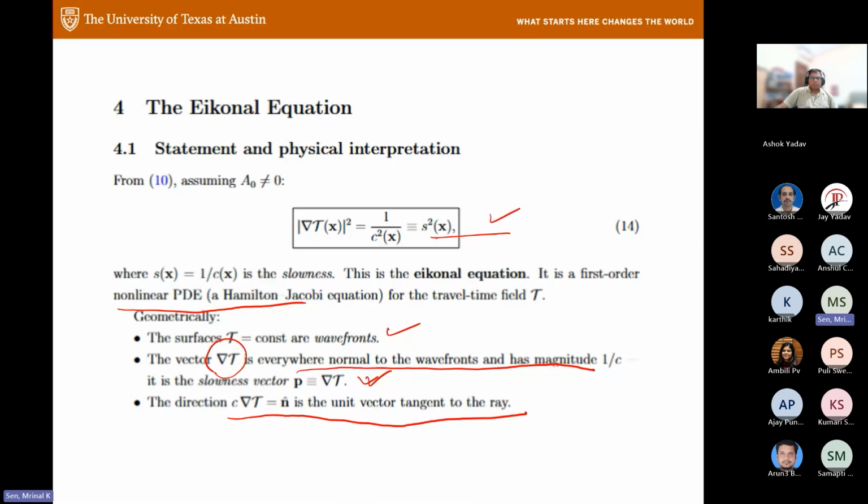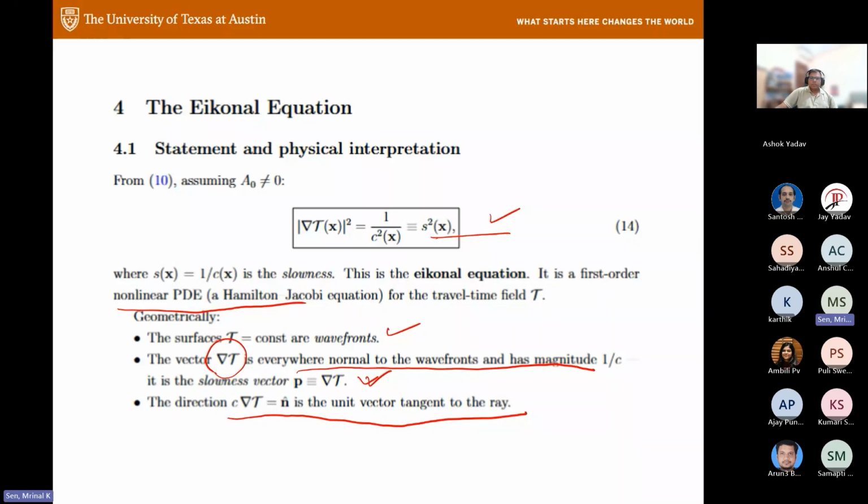If you solve this equation, you'll get how the travel time is changing as a function of x, and from the gradient of the travel time, you can also look at the ray paths.